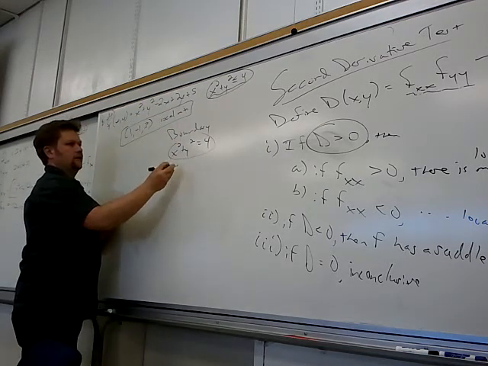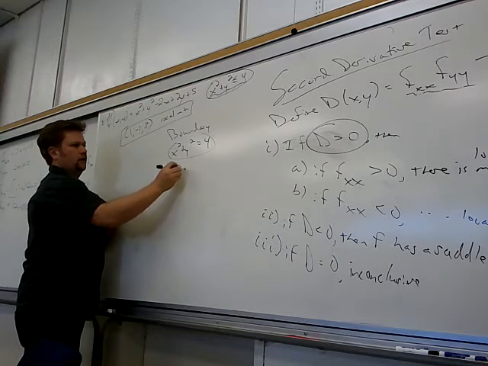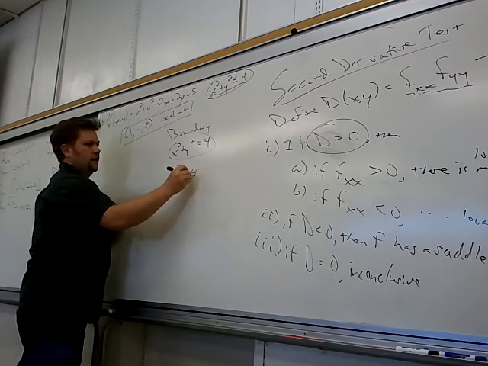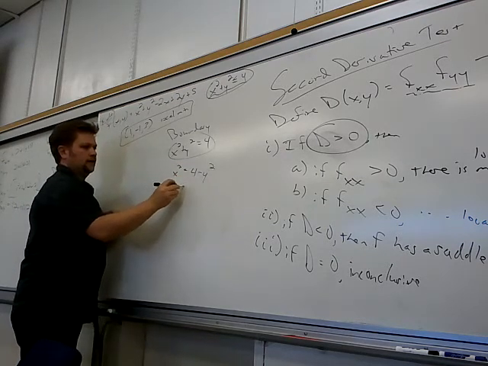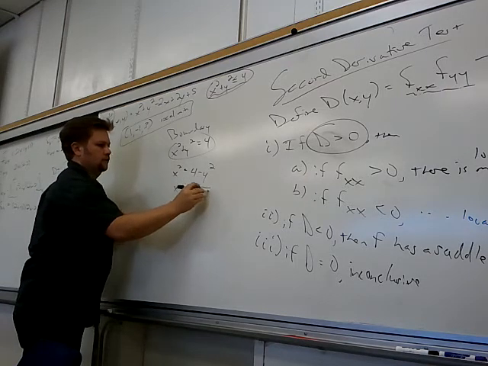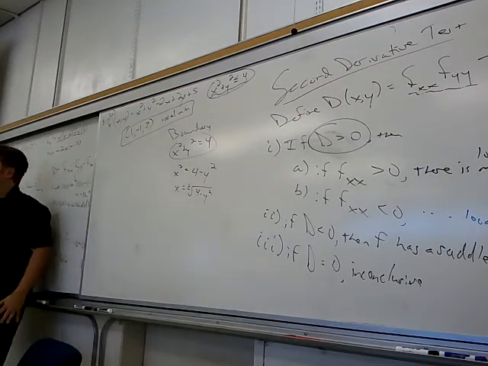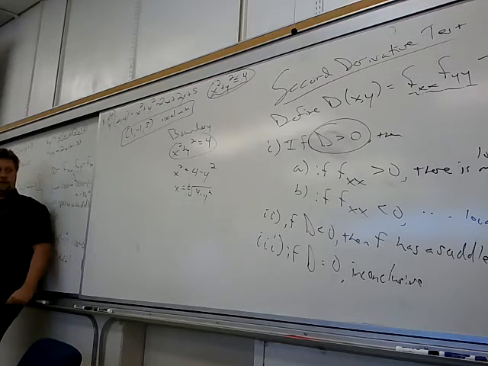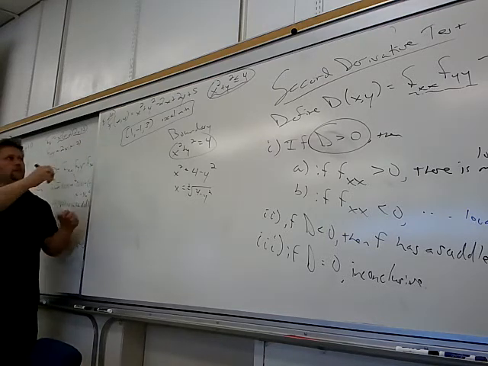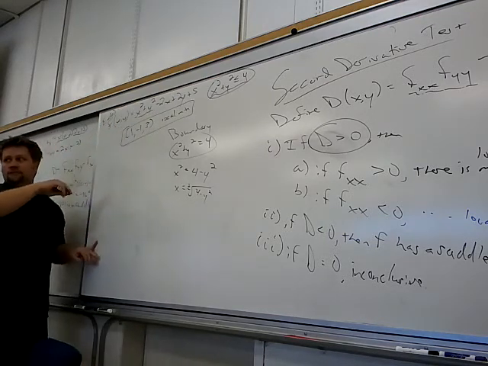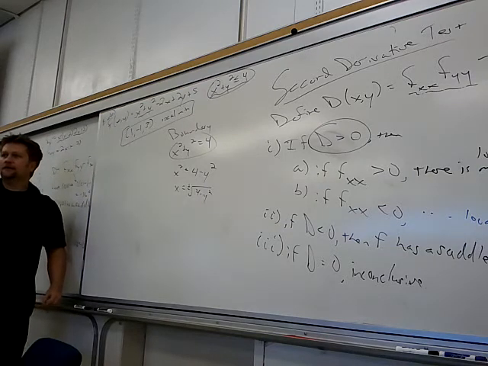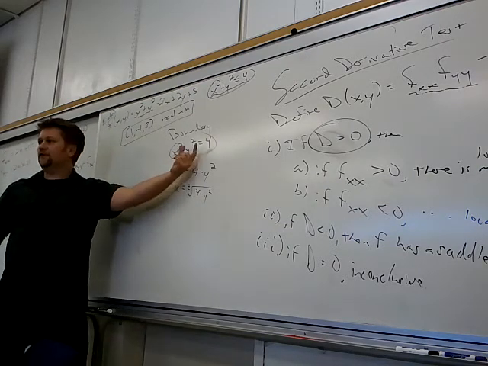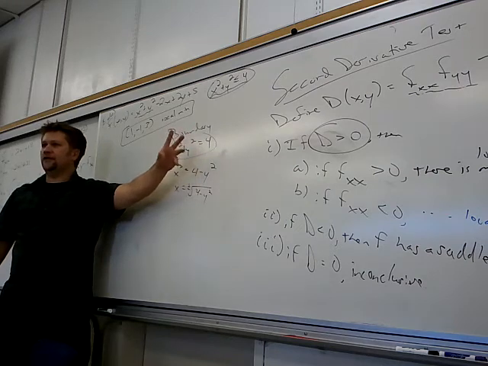So, what does this become if I use the constraint? I can write this as x squared equals 4 minus y squared, or x equals plus or minus the square root of 4 minus y squared. You guys with me? So what does this function become then? What's x squared plus y squared? That's kind of nice. It's 4. Don't overthink it.